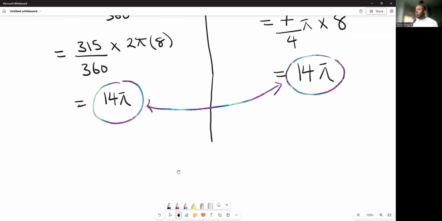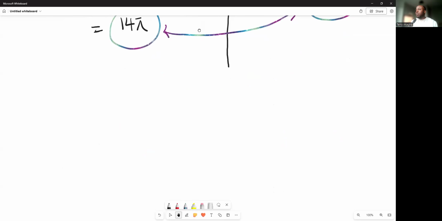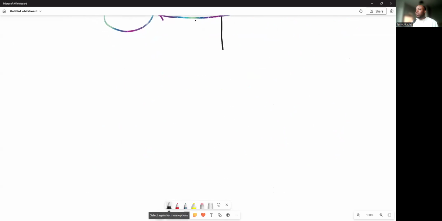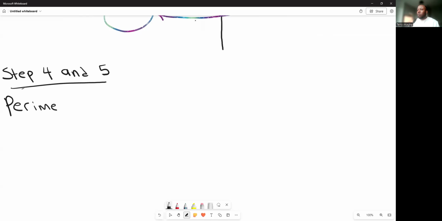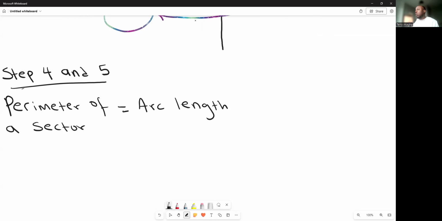So what's the next thing to do? We need to go to step 4 and 5. Step 4, we need to find the perimeter. The perimeter of a sector will be equal to the arc length plus 2r.